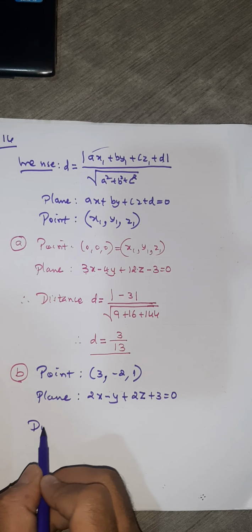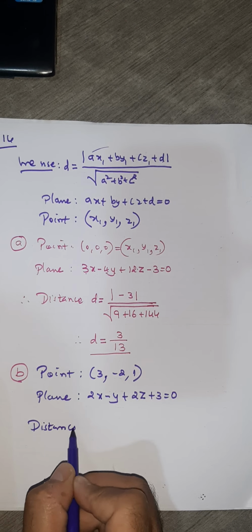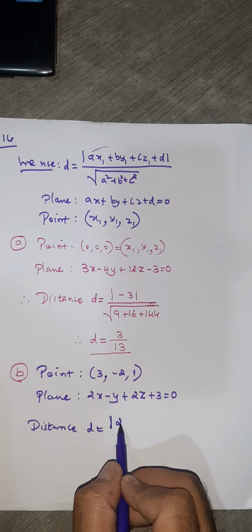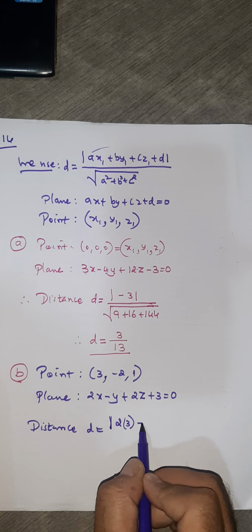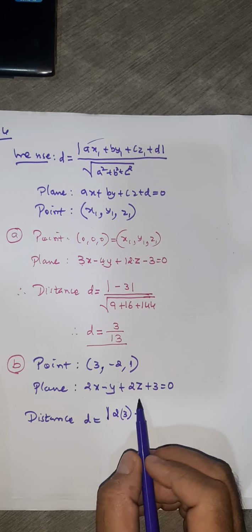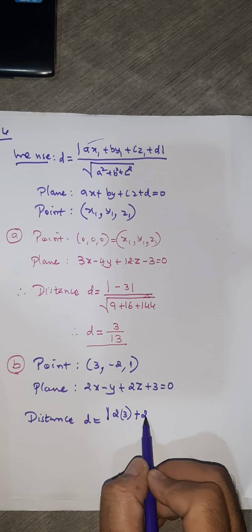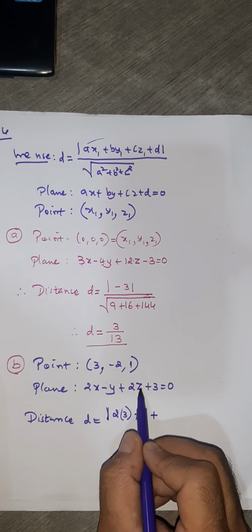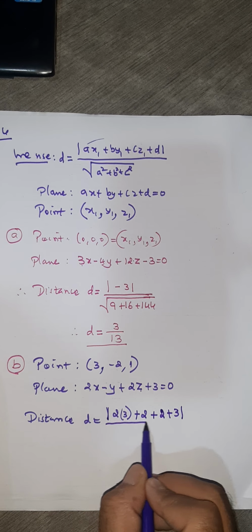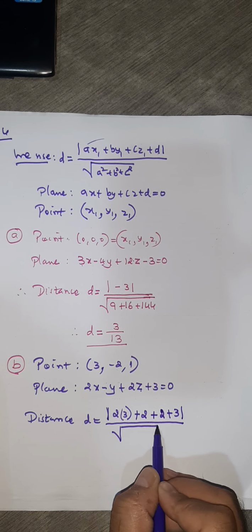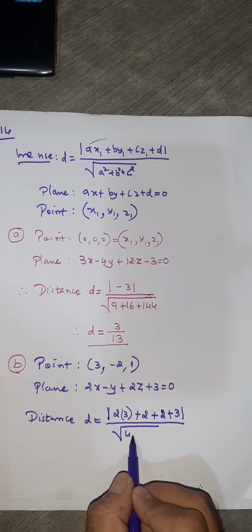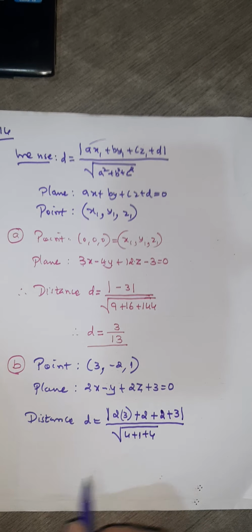So the distance small d equals modulus of 2 into 3 minus y, that is here minus 2, so it becomes plus 2, 2 into 1, that is just 2, plus 3 upon root of a square plus b square plus c square, which is 4 plus 1 plus 4.